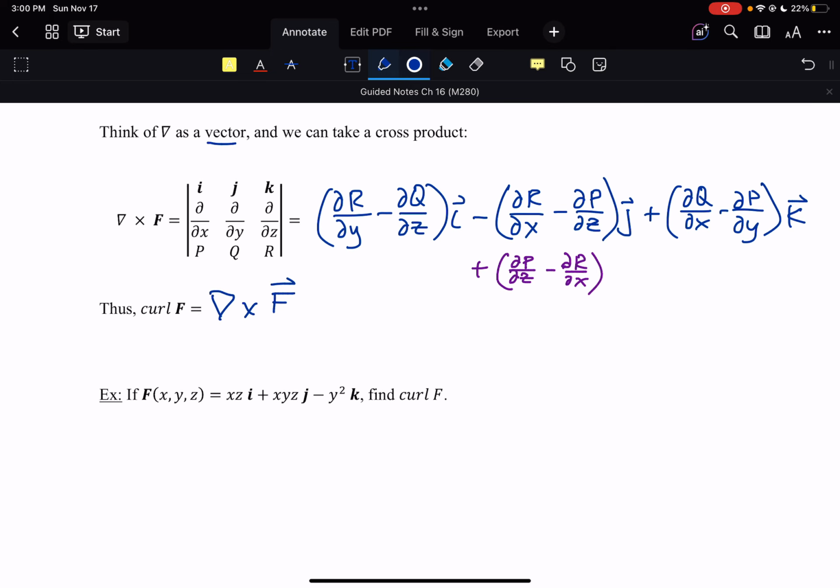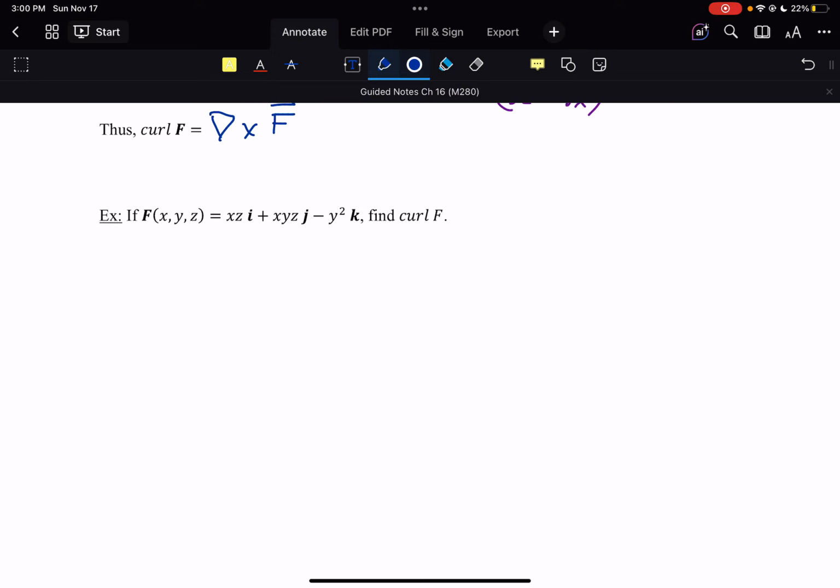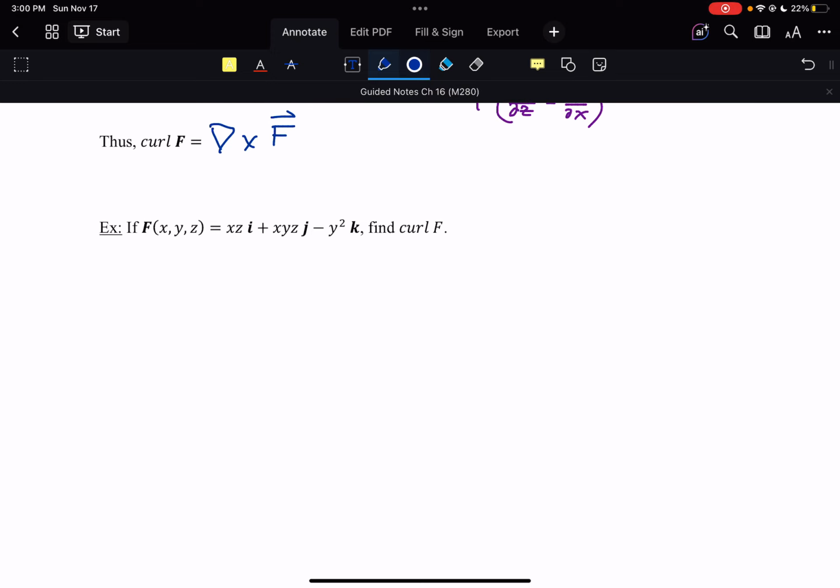So let's take a look at an example. We have the vector field, find the curl of F. So curl of F, again, that's del cross F. So we're going to have i, j, and k.